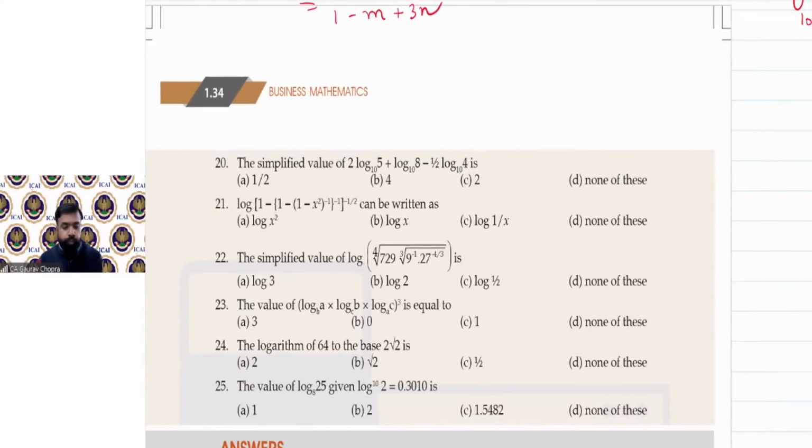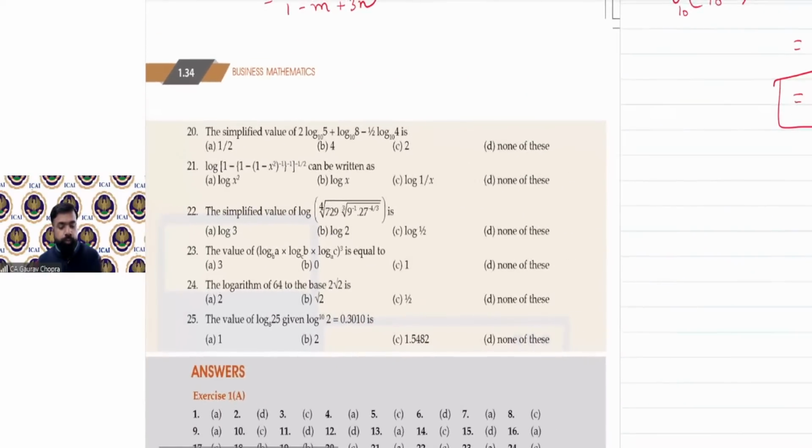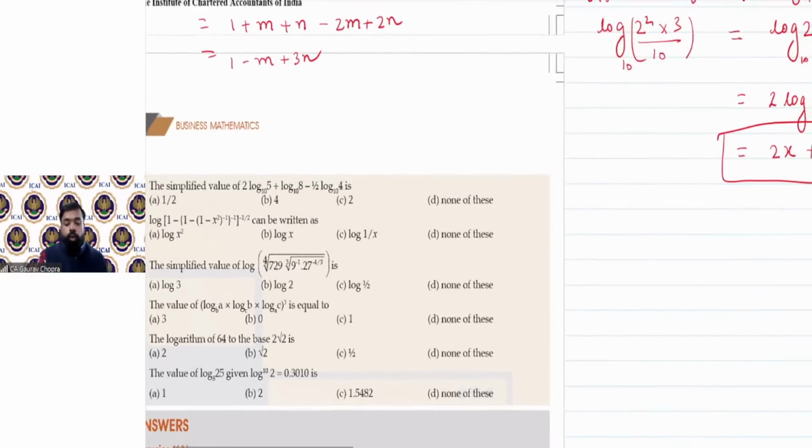Now let's solve the 20th also. Question number 20. 2 log of 5 base 10 plus log of 8 base 10 minus half log of 4 base 10. Now apply the power property first.